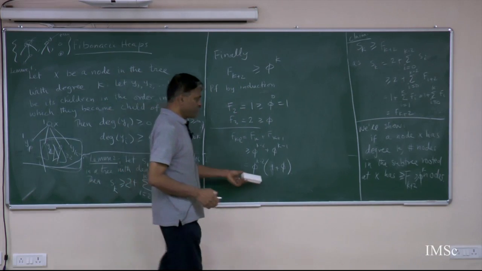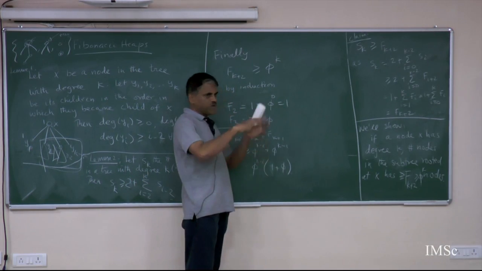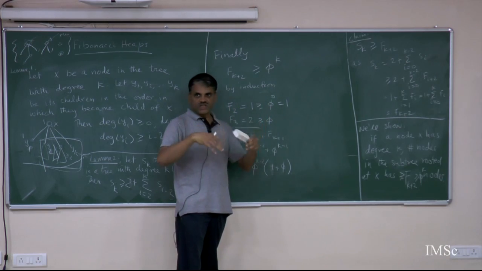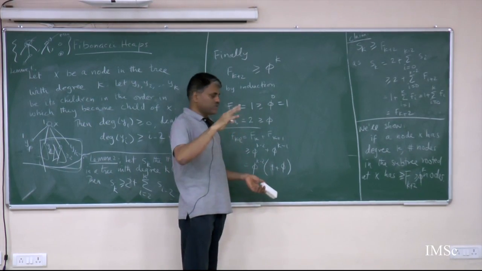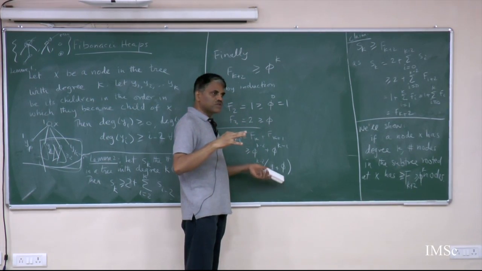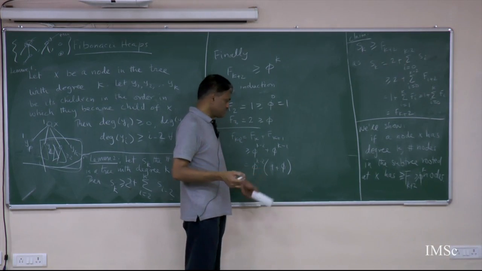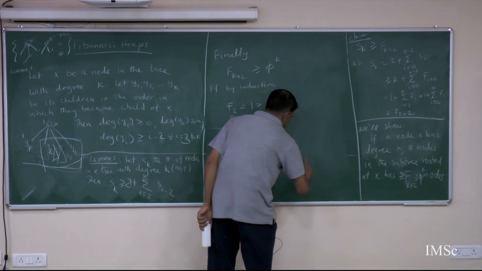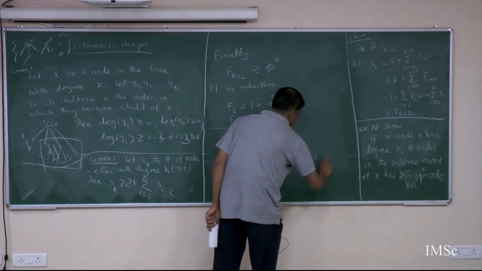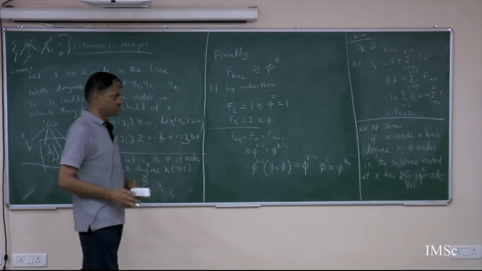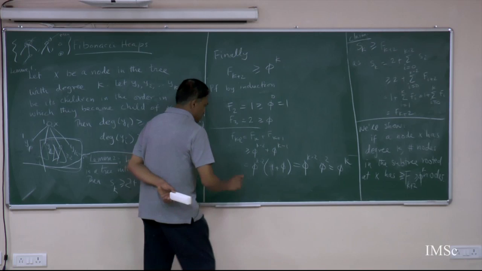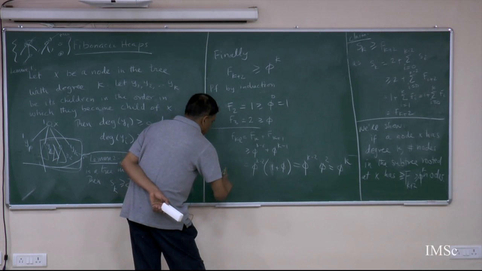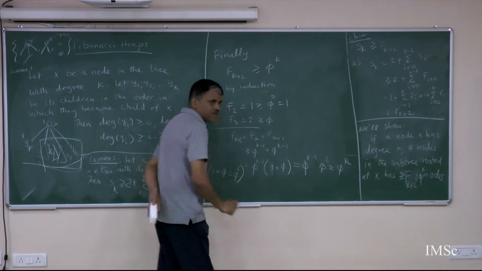Now remember the Fibonacci numbers, the generating function, if you write the equation, it satisfies x plus 1 is equal to x squared. So this is actually φ^2, because 1 plus φ is equal to φ squared.